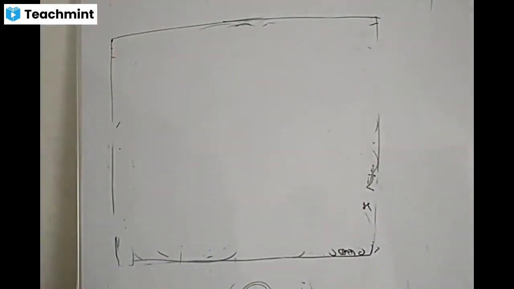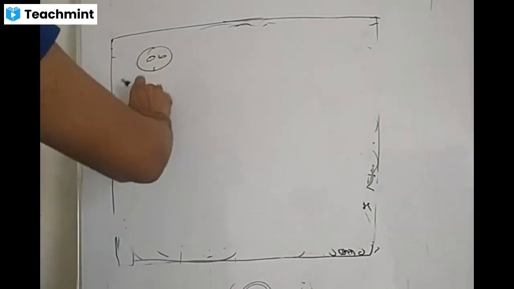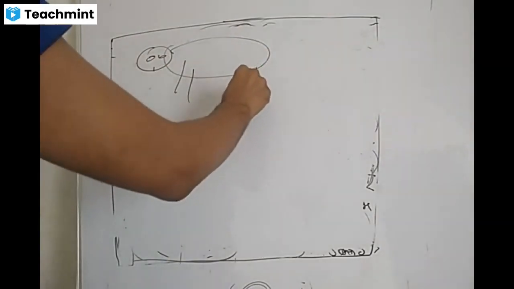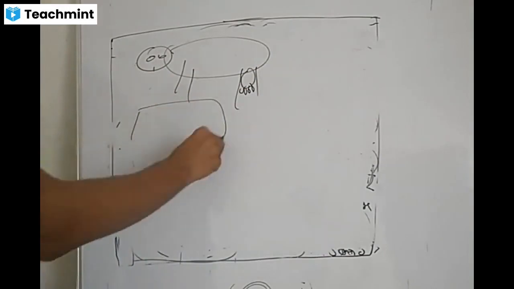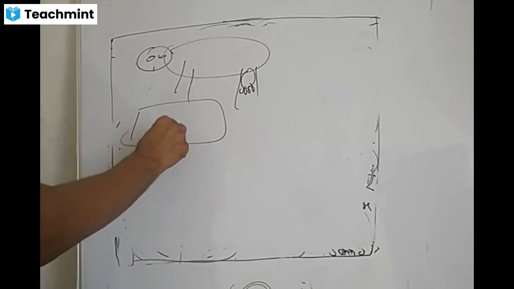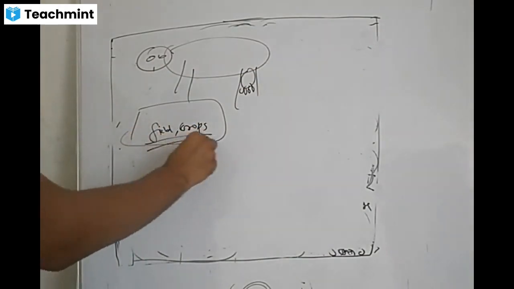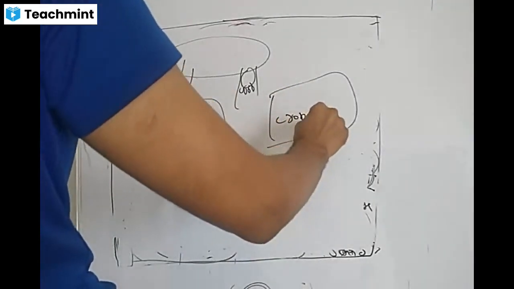Suppose there is a scenario that this is your cattle, which enters into a field of crop, and this is another crop field.